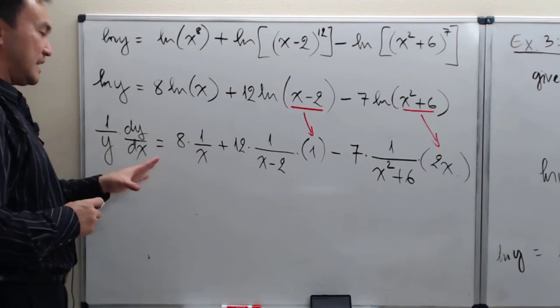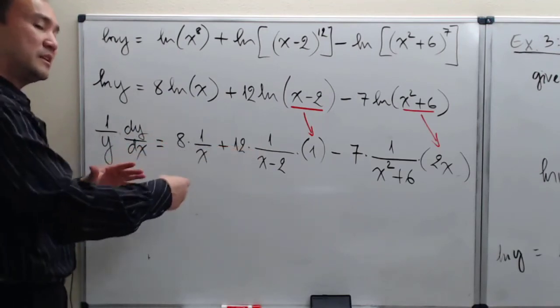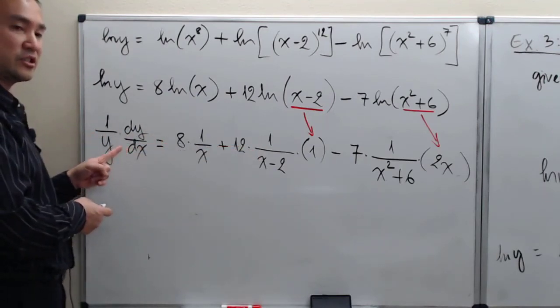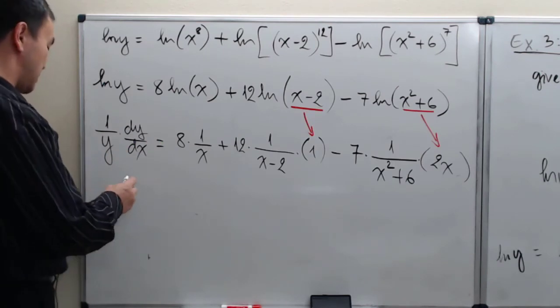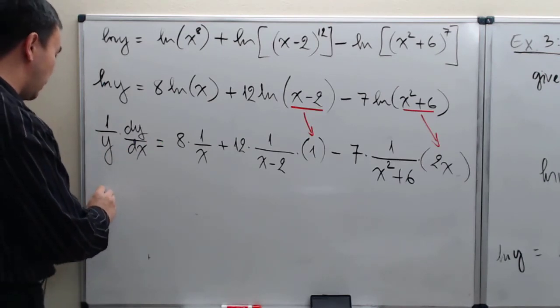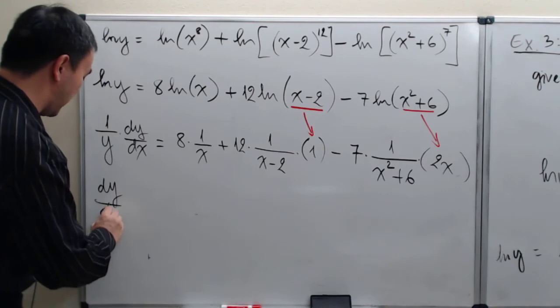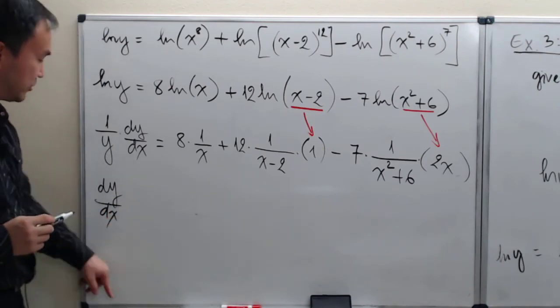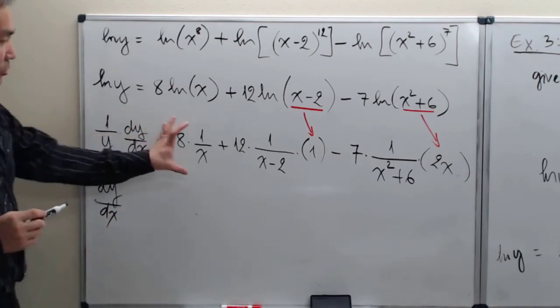And so now the last step here is to clean up the terms a little bit and go ahead and solve for dy/dx. To solve for dy/dx explicitly, I am going to multiply the y variable to both sides.